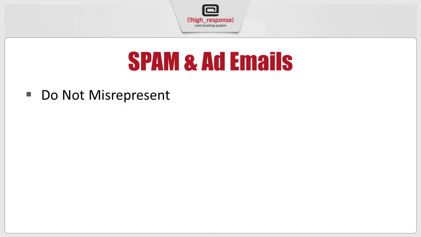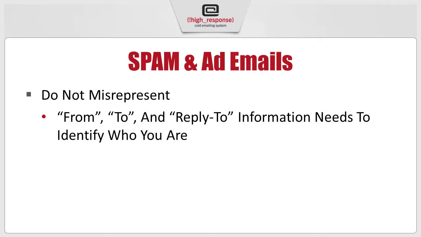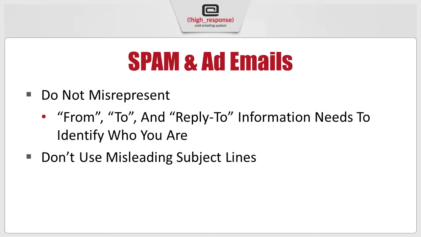The most important thing is to not misrepresent who you are. Your from, to, and reply-to information needs to identify who you are. And don't push your luck by using misleading subject lines. Just keep it real, keep it plain, keep it simple.